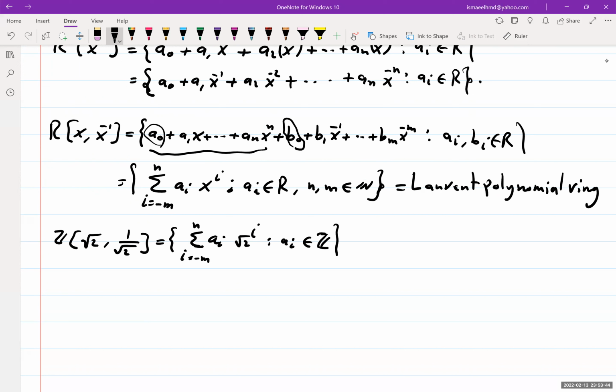So it is the set of polynomials with a finite number of negative powers.